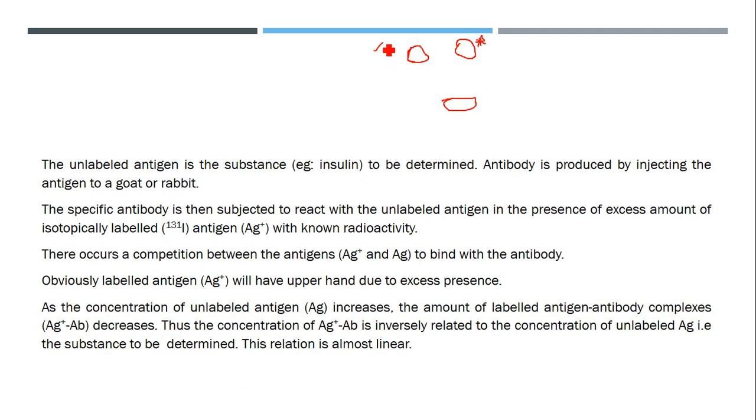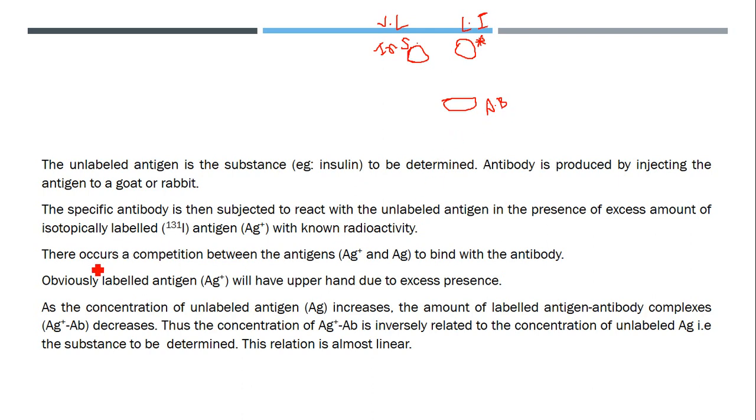Okay, so suppose for example this is your unlabeled insulin, and this is your labeled insulin, and these are your antibodies. These antibodies have been produced by injecting insulin into some animal. So these are your antibodies which are specific to the insulin.